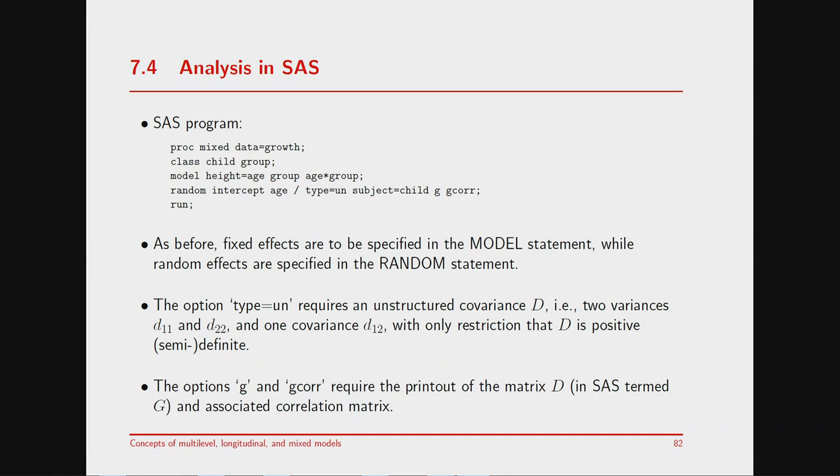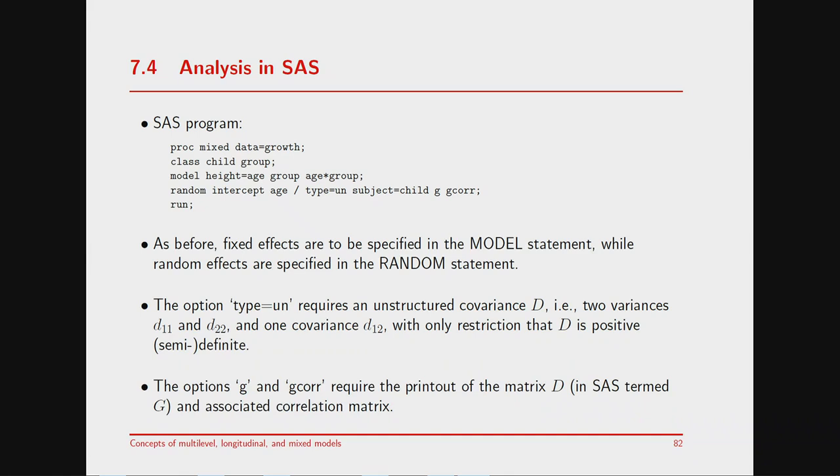A new option is type=UN, and that has to do with the structure of the D matrix. This D matrix is the covariance matrix of these two random effects, which is D11, D12, D12, D22. If you just want to estimate a general 2x2 covariance matrix D, then you just put in UN, which stands for unstructured. No special assumptions about D are made.